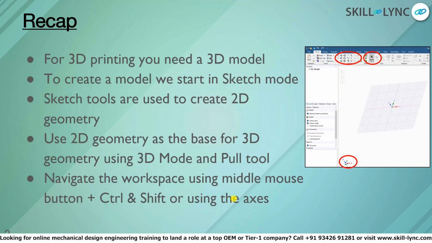Among all of these, we also covered the Ansys SpaceClaim workspace environment and how to navigate around this workspace using the different hotkeys and the middle mouse button plus Control and Shift to move around the viewport.